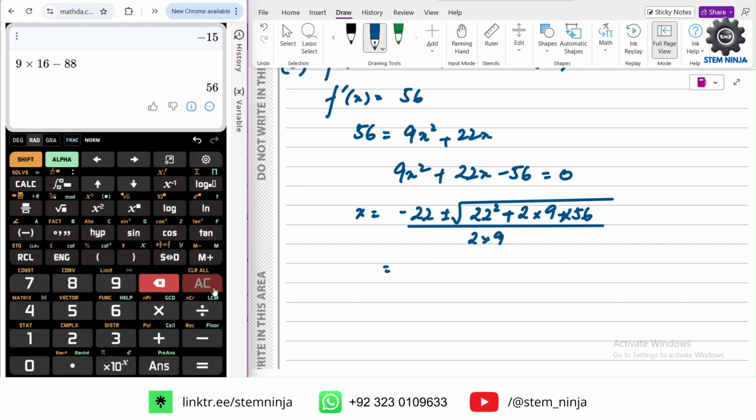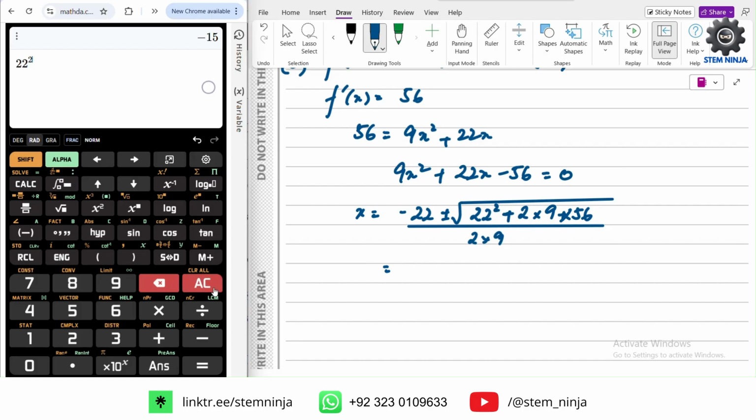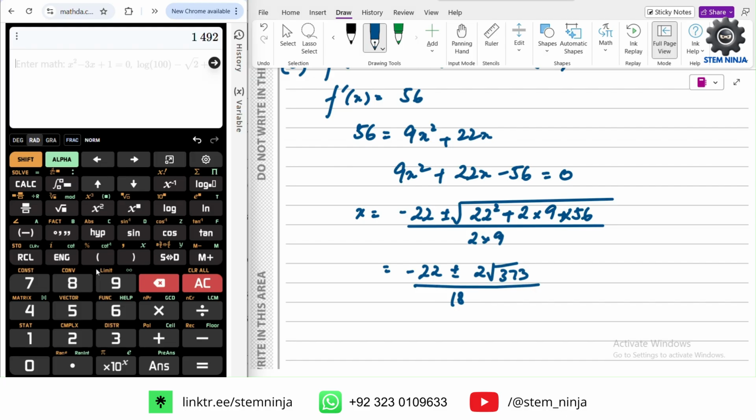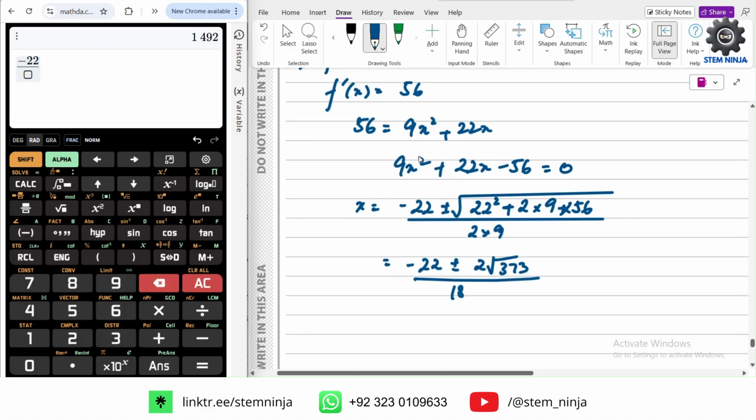So we are getting 22 squared plus 2 times 9 times 56, 1492, the square root of which is this value. So minus 22 plus or minus 2 root 373 over 18. So I hope we are getting at least one of them to be minus 4.